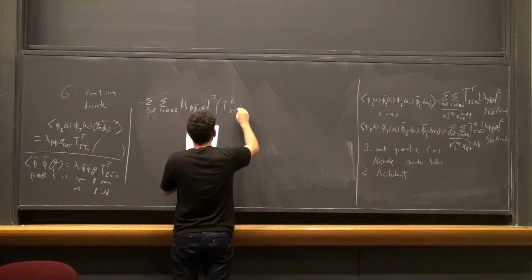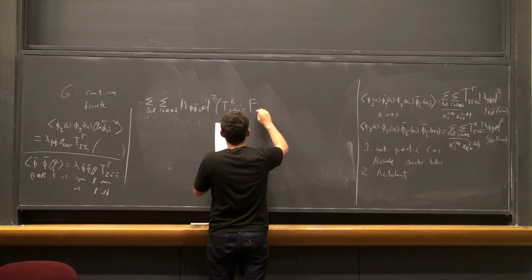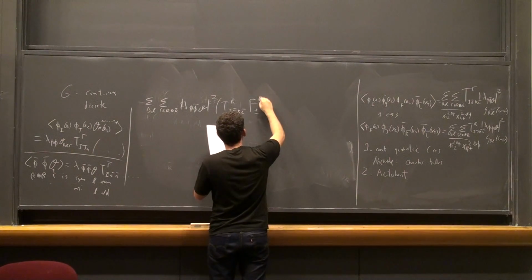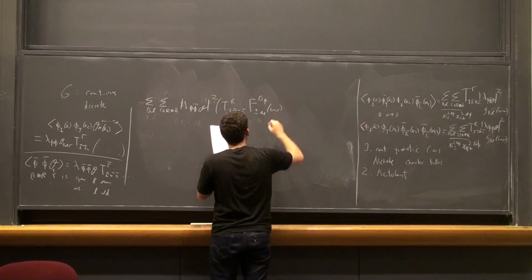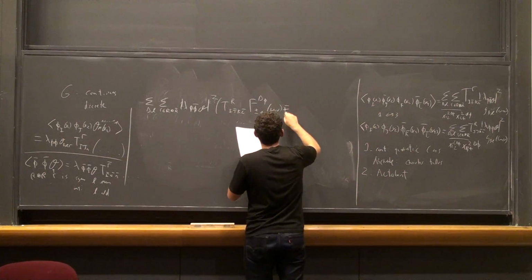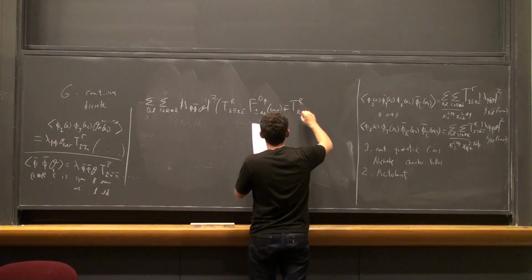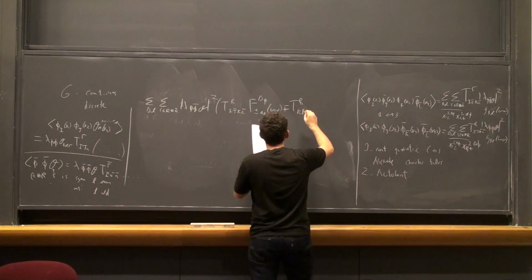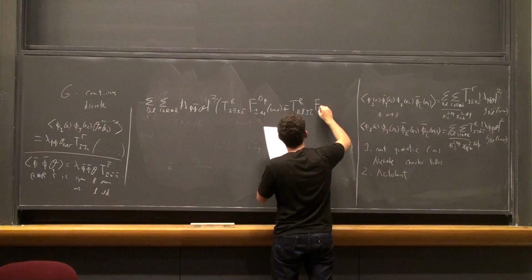So first for the S channel, these F's I'll define in a moment. They're basically combinations of the conformal blocks. And this is minus plus. Another tensor structure, which has now been crossed. So now it's K, J bar, I, L bar.